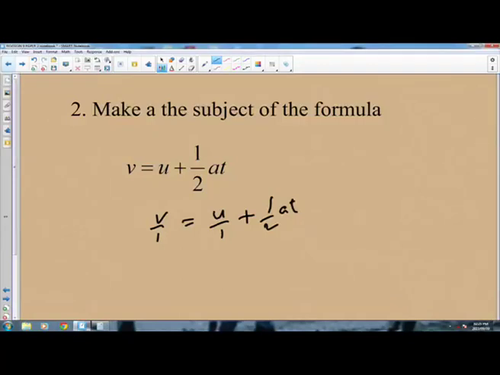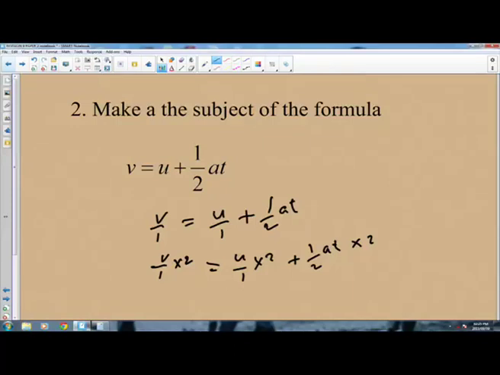The LCM of 1, 1 and 2 is 2. So we'll have V over 1 times 2 equals U over 1 times 2 plus 1 over 2 AT multiplying 2.